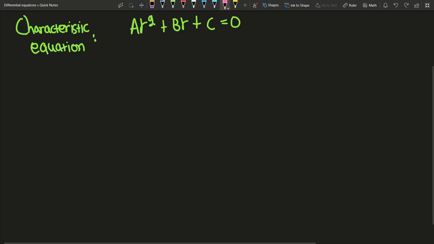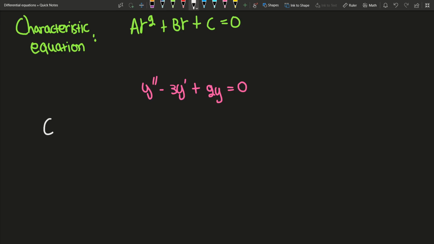Let's say that we had the equation y prime prime minus 3y prime plus 2y equals 0. Now the next thing that we gotta do is find the characteristic equation of this differential equation.